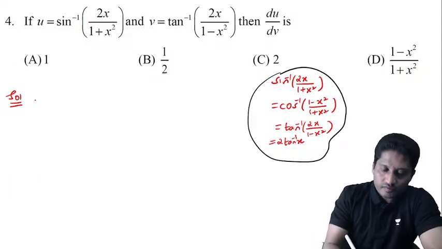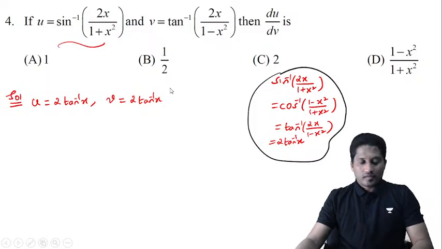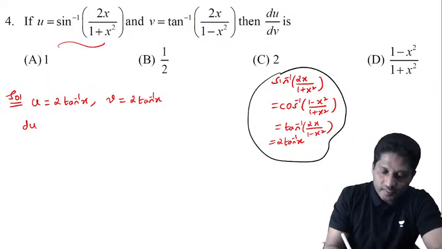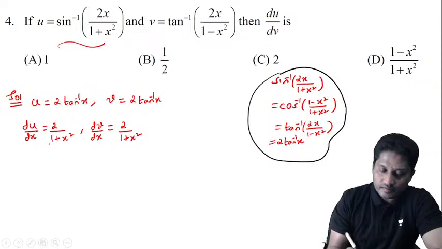This u is equal to sin inverse of 2x by 1 plus x square, which is 2 tan inverse of x. And v is equal to tan inverse of 2x by 1 minus x square, also 2 tan inverse of x. Now if I differentiate, you get du by dx is equal to 2 times differentiation of tan inverse of x, which is 1 by 1 plus x square. dv by dx is equal to, again differentiation of tan inverse of x is 1 by 1 plus x square.